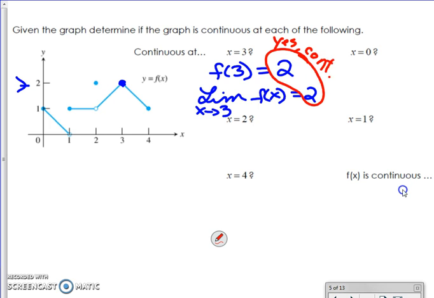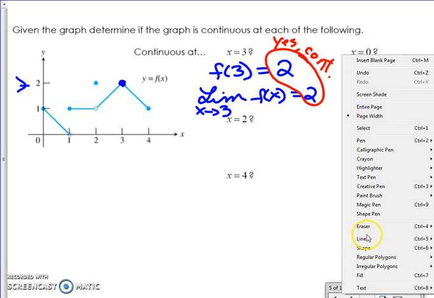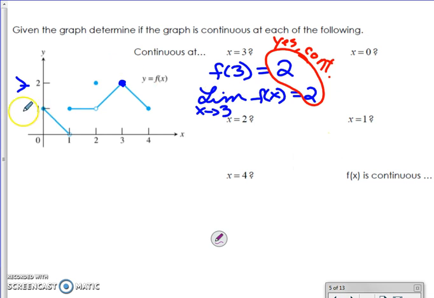I'm just going to abbreviate that because I'm running out of room. Now we're going to do something very similar, but now we're just going to look at x is 0. This time, first f of 0 has to exist. So let me grab a pen here. At 0, the y value is 1. So we would say f of 0 equals 1.